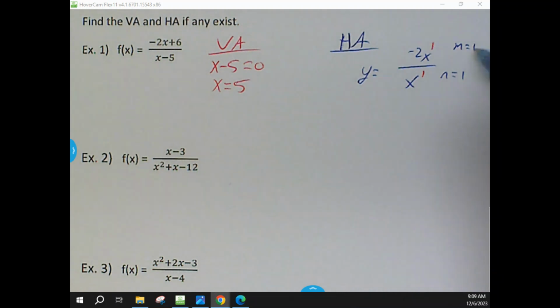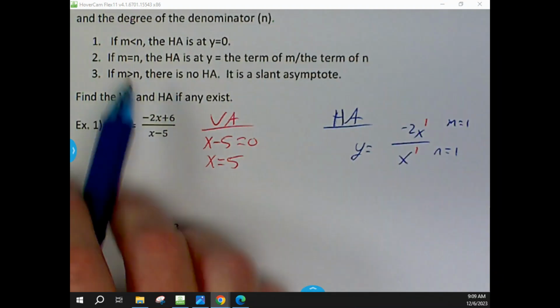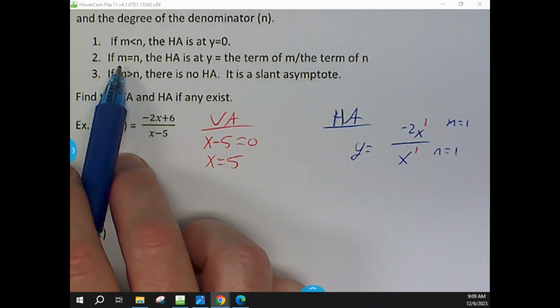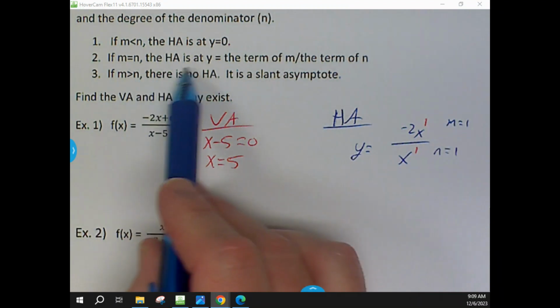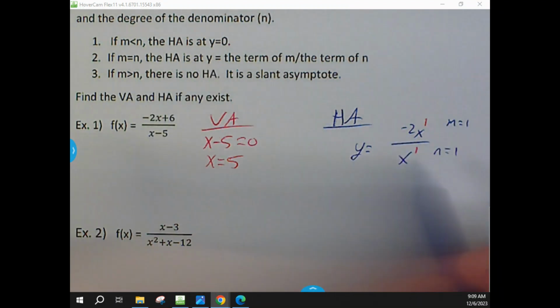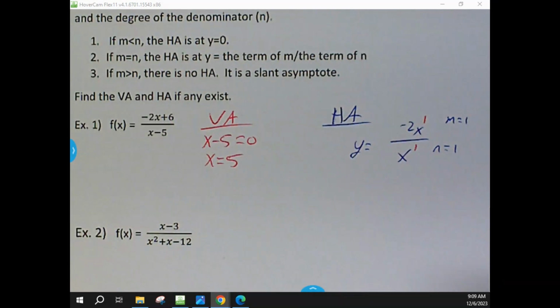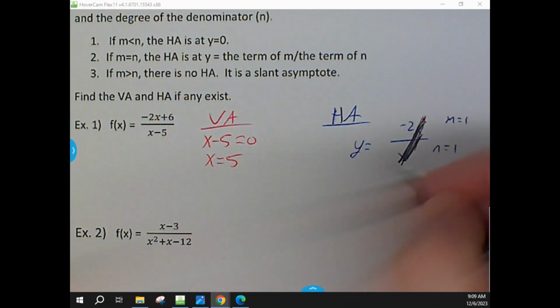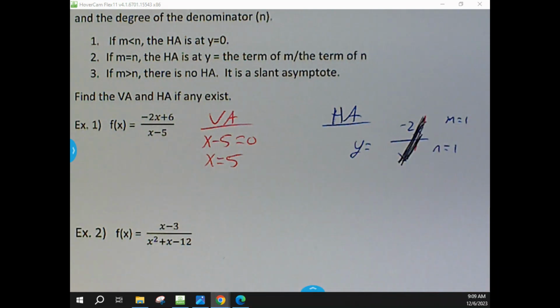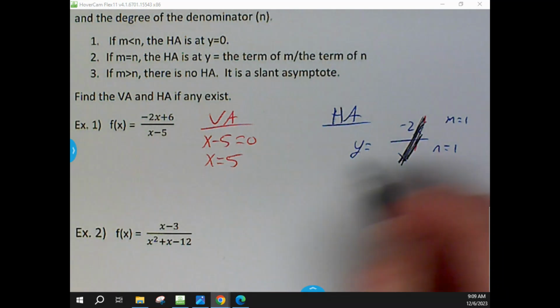So if these two things are the same degree, then for option number 2 here, if your degrees are equal in numerator and denominator, then the horizontal asymptote is y equals the ratio of leading coefficients. Basically, you just cancel out the x's. Because they're the same power, they cancel each other out, and that leaves you at y equals negative 2 over 1.